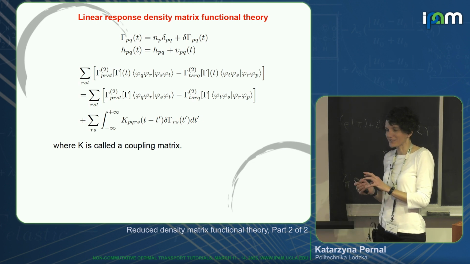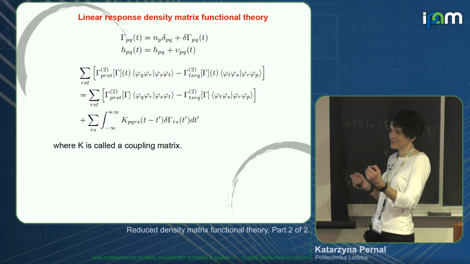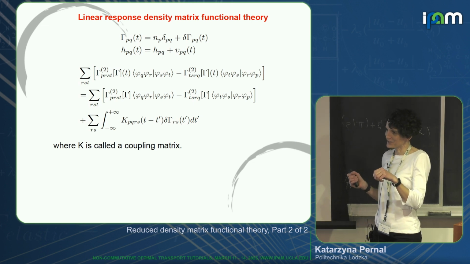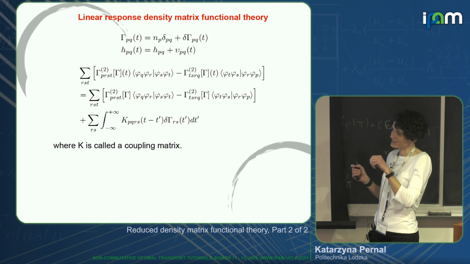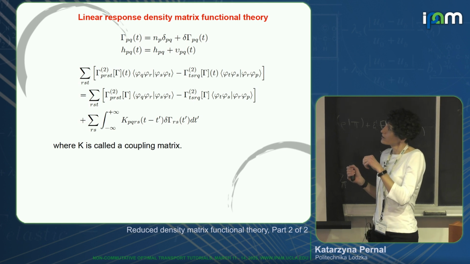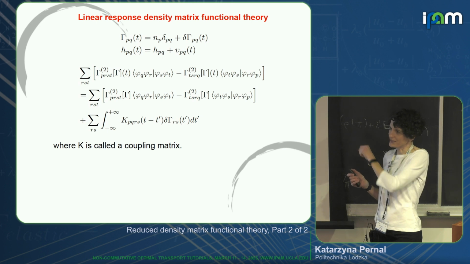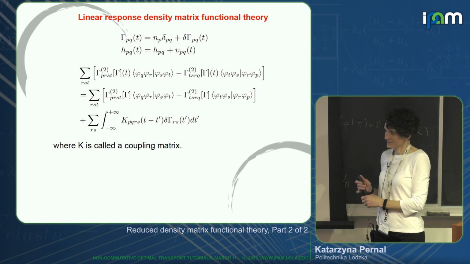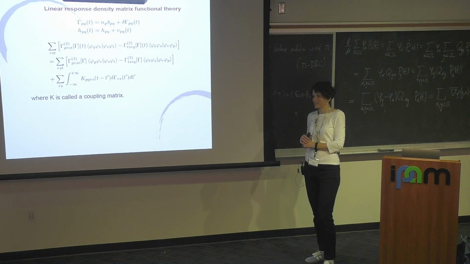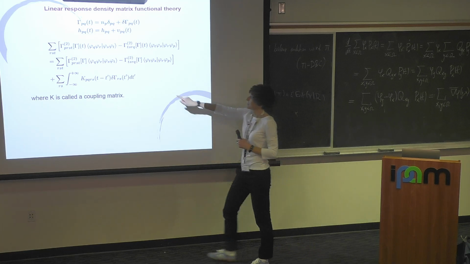That's the whole problem: we need to know the full history of the one-electron density matrix to find gamma 2 at a given time t. So all the history from 0 to t? Yes, not from 0 to infinity. From t0 up to t, you need to know the full function gamma of t.